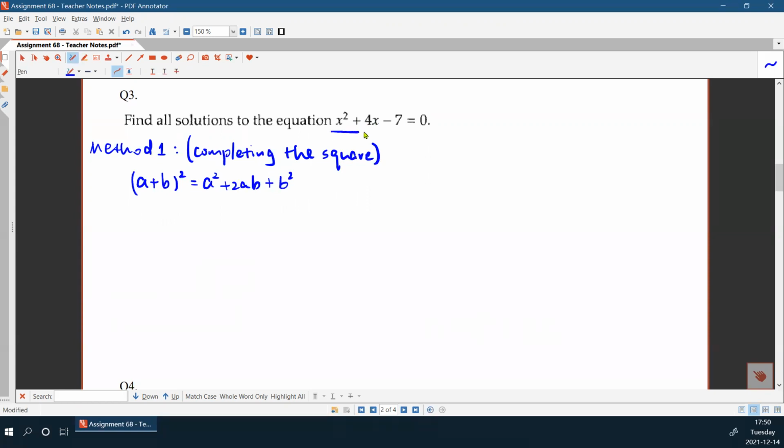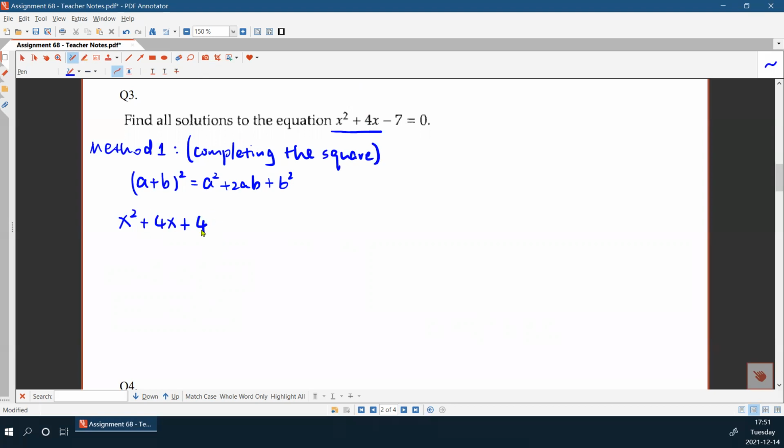And by observation, we can find that 4x is 2 times x times 2, right? So this is our a and this is our b, right? So we need b squared, which is 4, right? So by completing the square, we need to put a constant term 4, right?